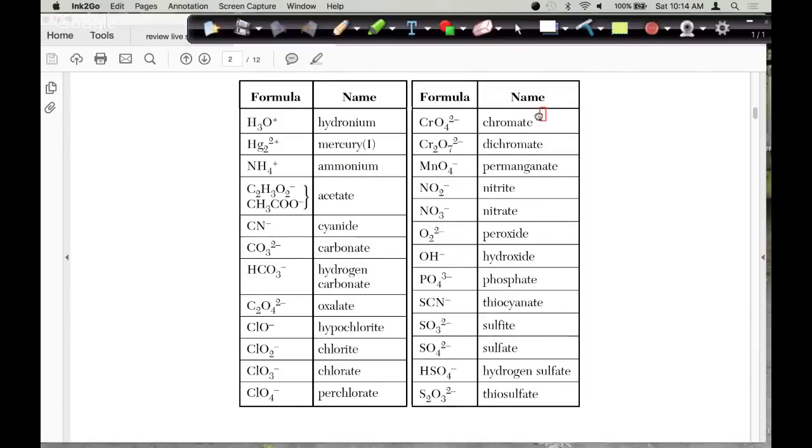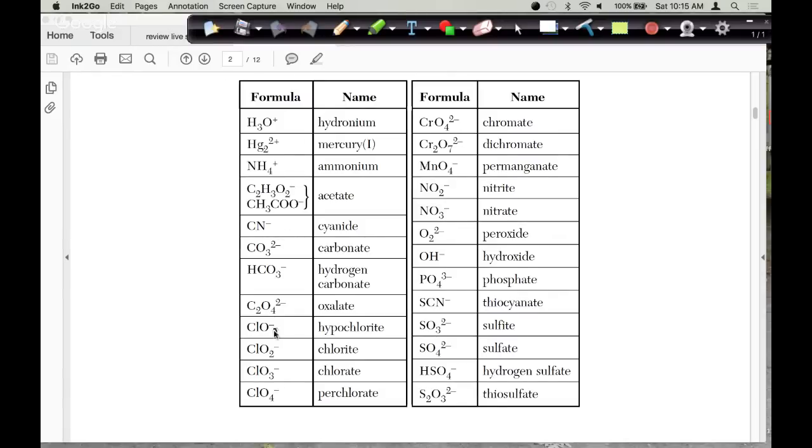So when we have something from table E in a formula, we also have an ionic compound, and we use these things on table E in ionic compounds the same way that we treat our metals and our nonmetals.